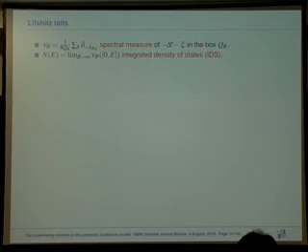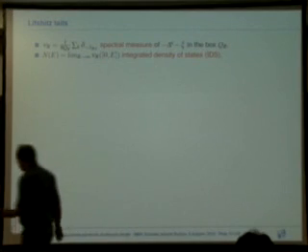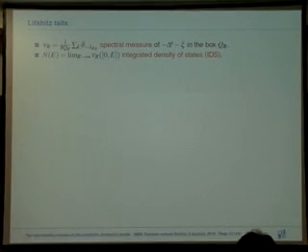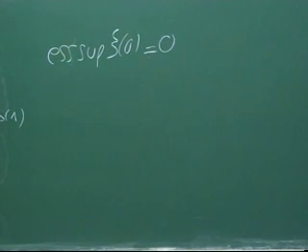By the way, I'm now looking at bounded potentials. Now I'm imposing the condition that the essential supremum of xi of 0 is 0. So this is a potential which is always negative, but comes as close as possible to the value 0.